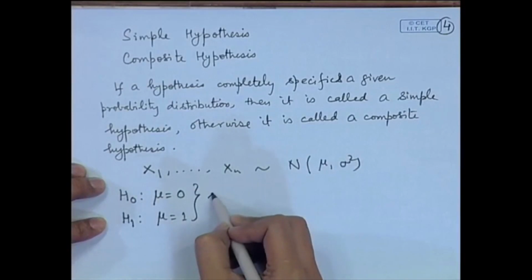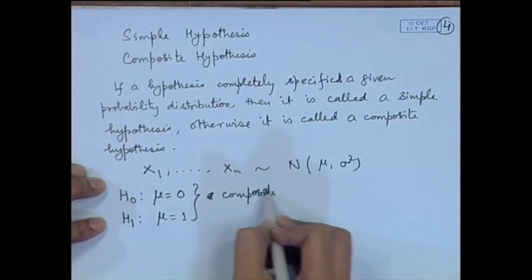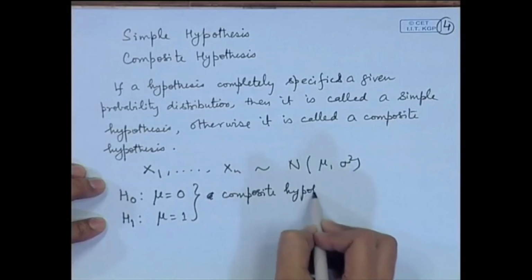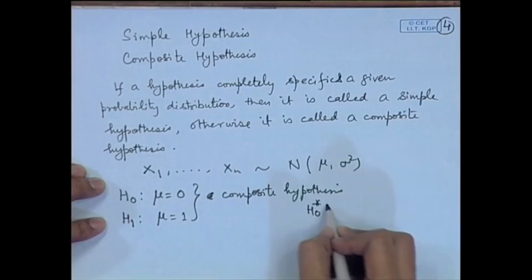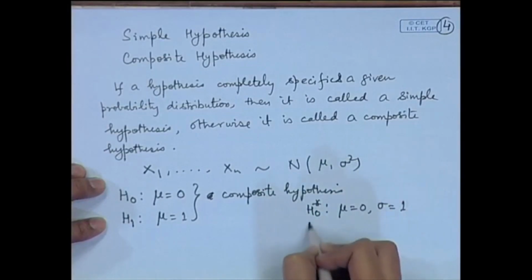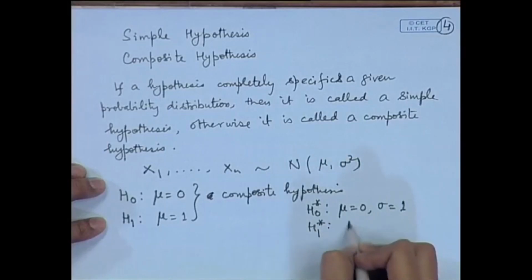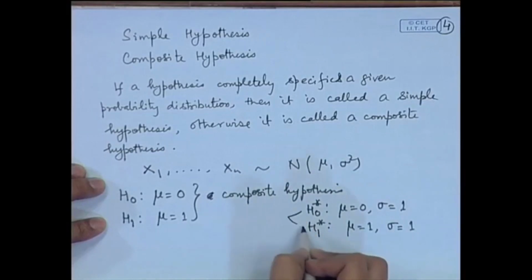So, these are composite hypotheses. But suppose I write H naught star: mu is equal to 0, sigma is equal to 1, against H 1 star: mu is equal to 1 and sigma is equal to 1, then these are simple hypotheses.